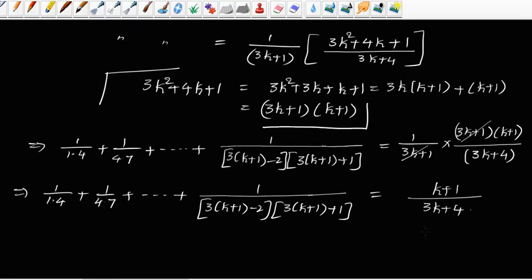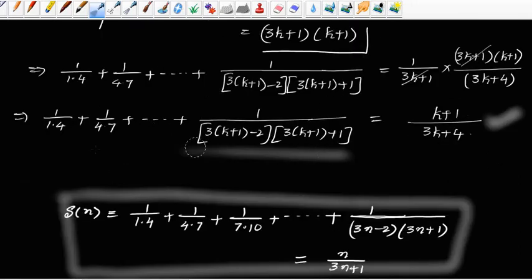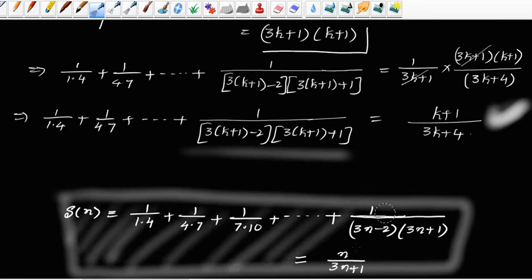Now finally we have to check whether this statement is true for k plus 1 or not. Okay, now what is the given statement we have considered? Look here, our final step is this one. This is our given statement. Now observe that if we put n equal to k plus 1, we will get our statement.